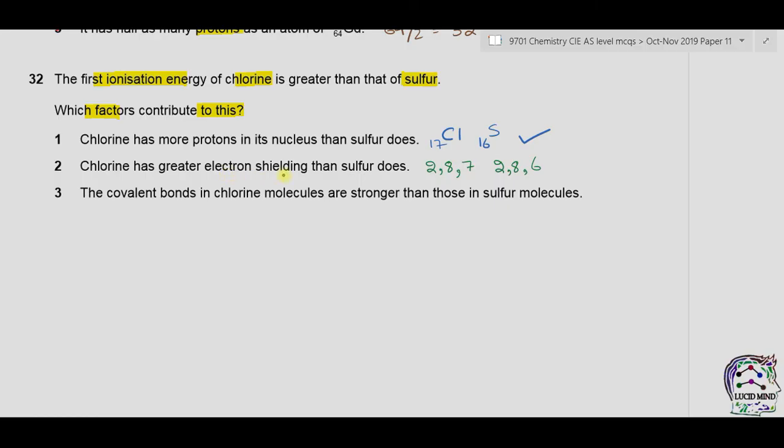So chlorine does not have a greater shielding effect as compared to sulfur, so therefore 2 is incorrect. 3. The covalent bonds in chlorine molecules are stronger than those in sulfur molecules. This does not have anything to do with ionization energy because covalent bonds are being broken, while in ionization energy, the electron is removed from an isolated gaseous atom.